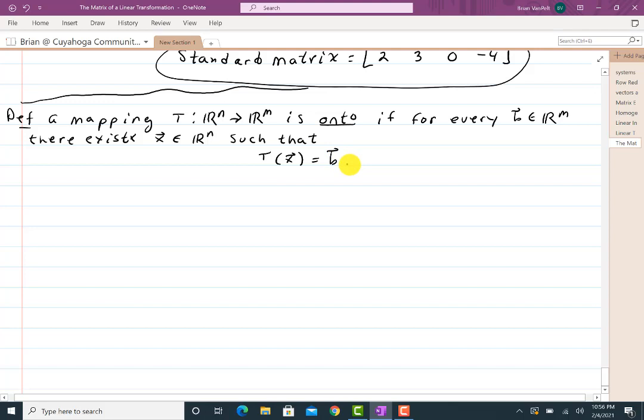So for any vector that I can pull in Rm, there will be an x that maps to it.